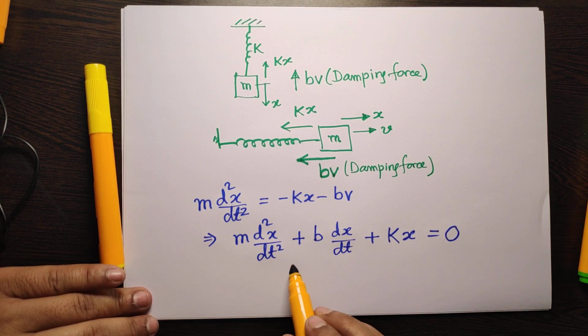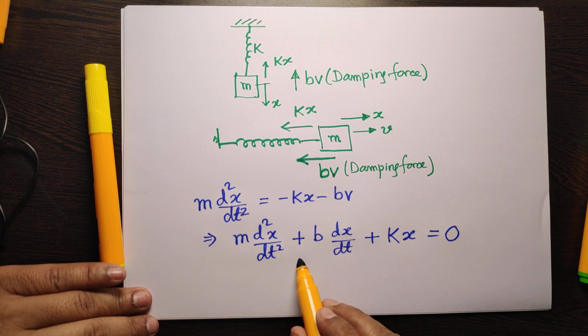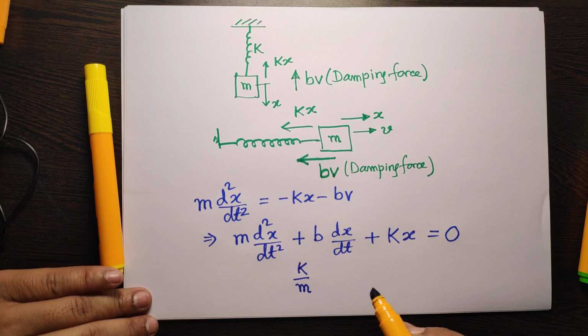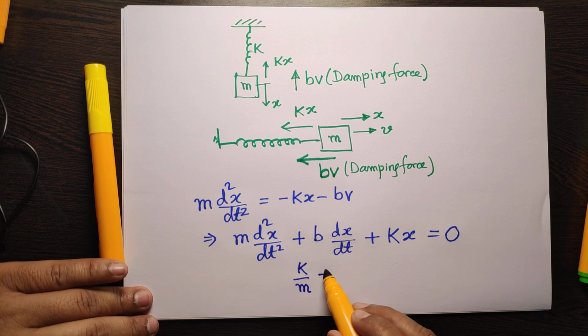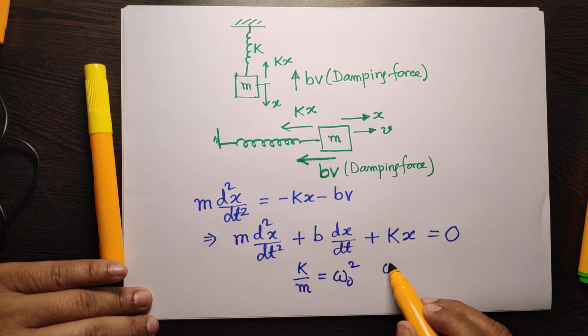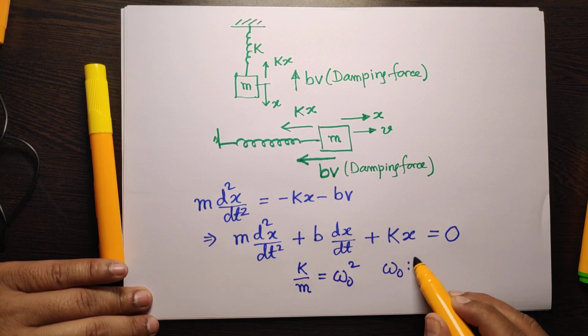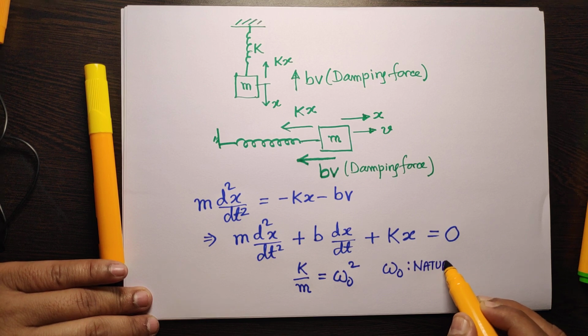Now remember this k by m was the square of the natural frequency, so omega naught square, where omega naught is the natural frequency.